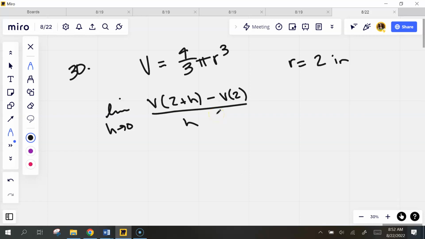Does that confuse y'all? That's the volume with respect to radius instead of function of x. That won't give you the rate of change. That would just tell you what the volume is, in cubic inches, but it won't give you the rate that it's changing, if that makes sense.